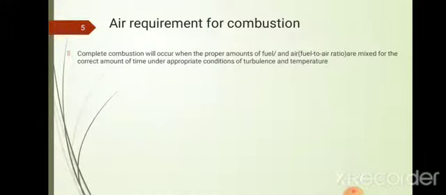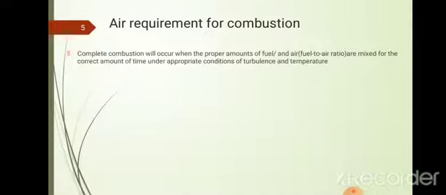In combustion, theoretically it will be a stoichiometric air-fuel ratio, and we are referring to complete combustion. If the proper amount of fuel and air are mixed in the correct amount, at the correct time, and under appropriate conditions of turbulence and temperature, complete combustion takes place.